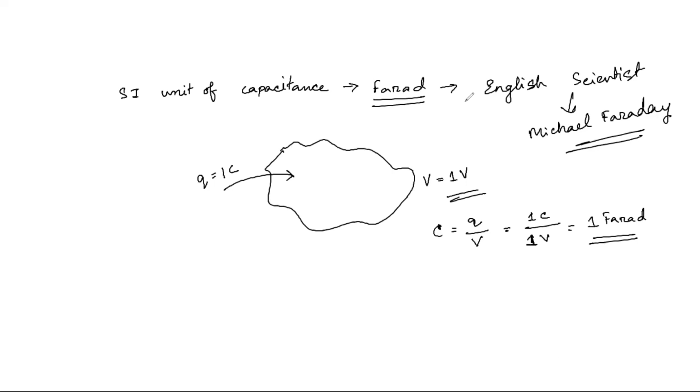So we have understood what electrical capacitance is: it is the ability of a conductor to hold or store an electrical charge. We have also expressed capacitance as C equals Q by V.